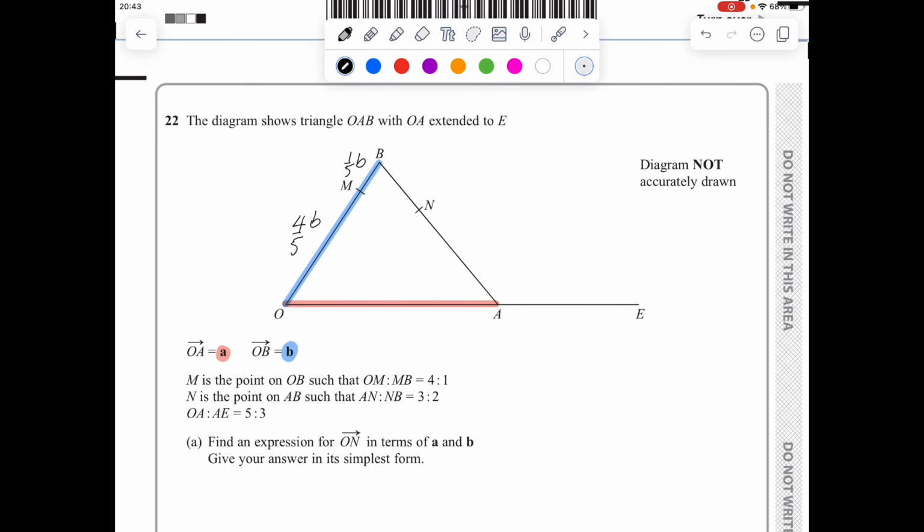So BN is 2/5 of whatever vector that is, and NA is 3/5 of that vector. And then I have that OA to AE is 5 to 3. So OA is 5/8 of the whole thing, and AE is equal to 3/8 of the vector OE.